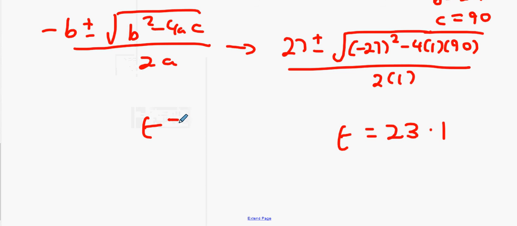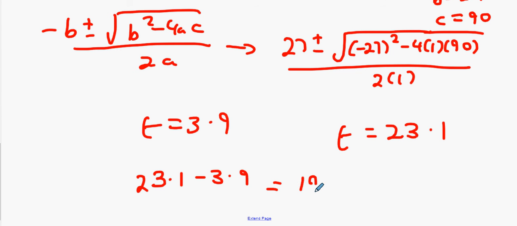So we're claiming that you need the additional stewards between 3.9 and 23.1. You're going to need the additional stewards for 19.2 minutes. See, one method was the graphical way, and the other method is the algebra way, and the algebra way is usually more accurate.